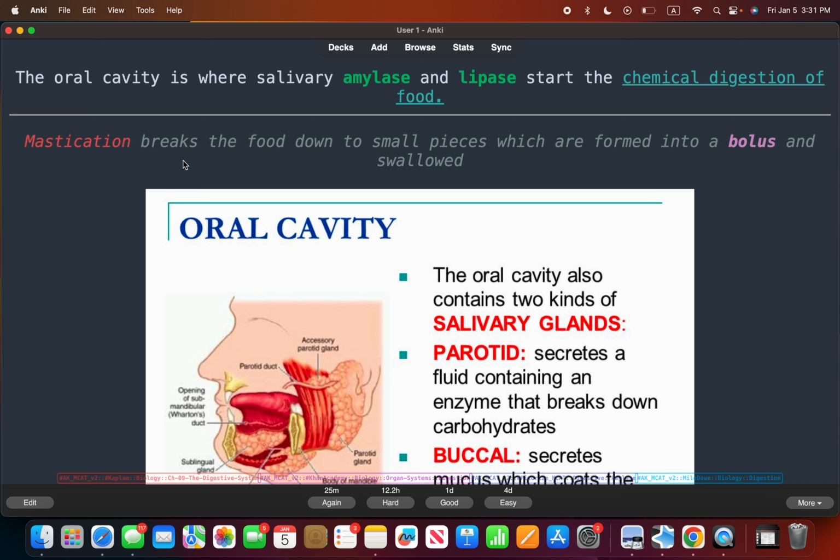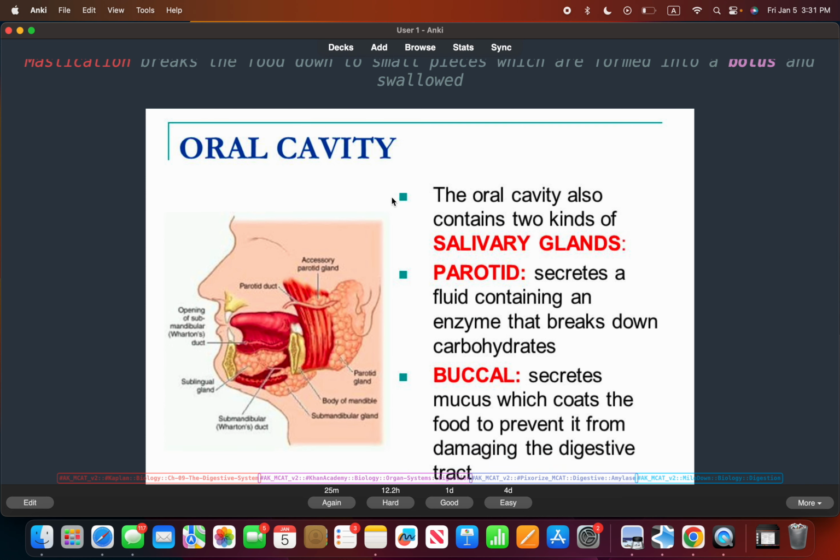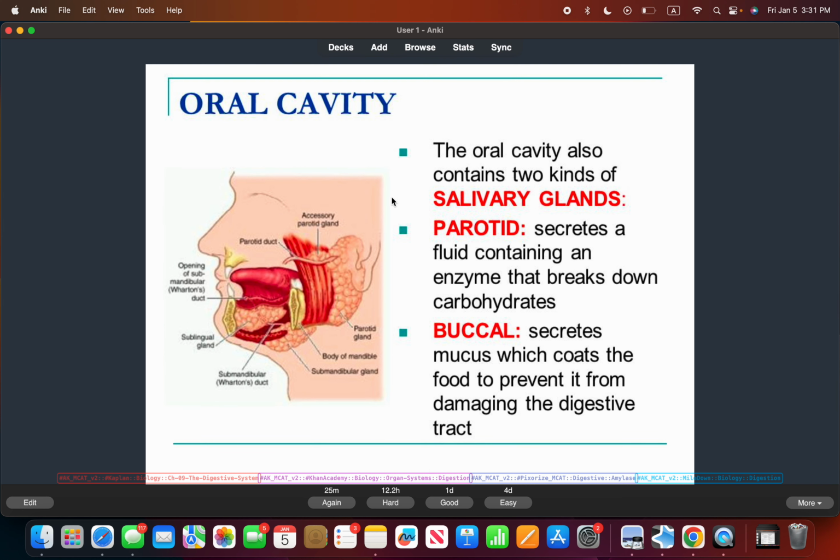Mastication breaks the food down into small pieces, which are formed into a bolus and swallowed. The oral cavity also contains two kinds of salivary glands. The parotid, which secretes a fluid containing an enzyme that breaks down carbohydrates, and the buccal, which secretes mucus, which coats food to prevent it from damaging the digestive tract.